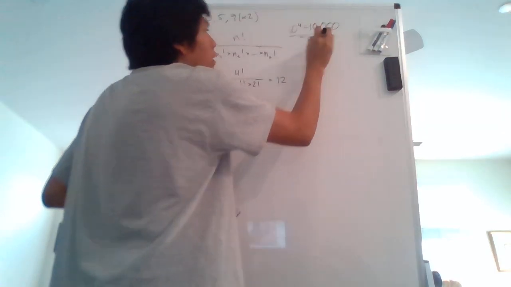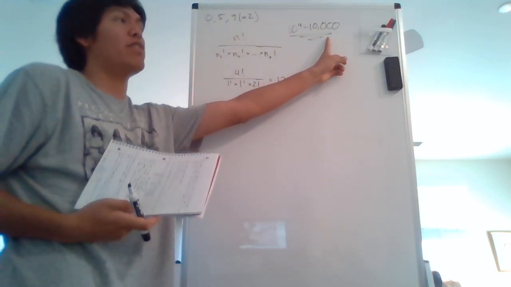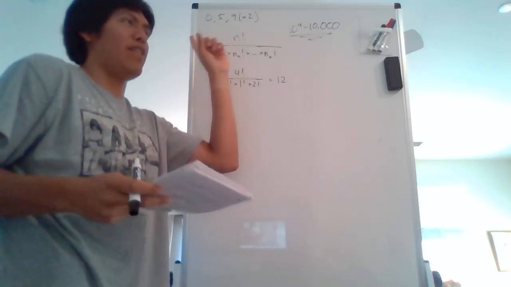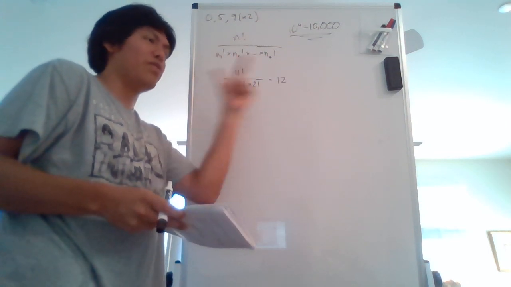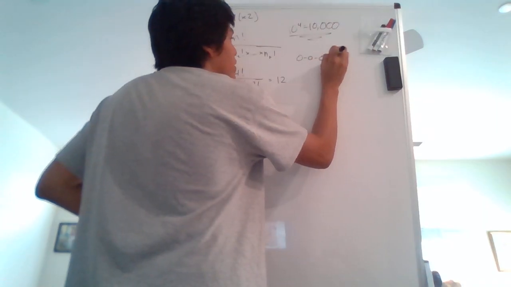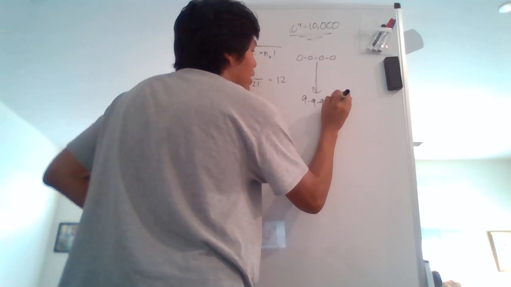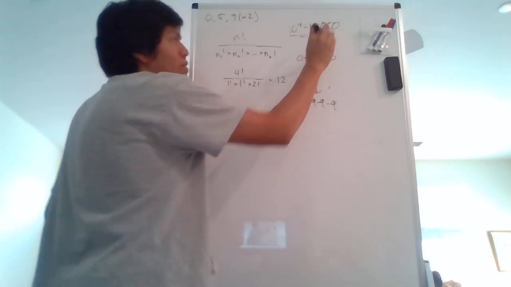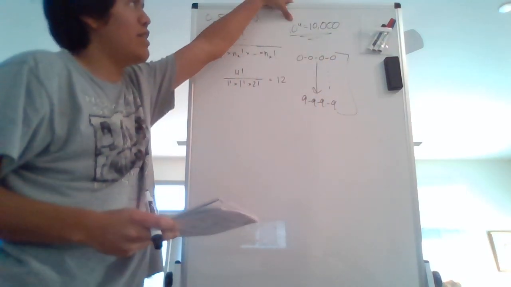These are the total possible 4-digit pairings, just like in total. 0, 0, 0, 0, 0, 0, 0, 1, 0, 0, 0, 2, all the way to 9, 9, 9, 9, right? Everything in between. There are 10,000 possible 4-digit pairings. 10 to the 4.